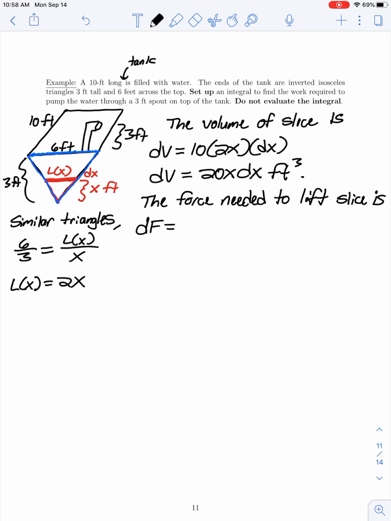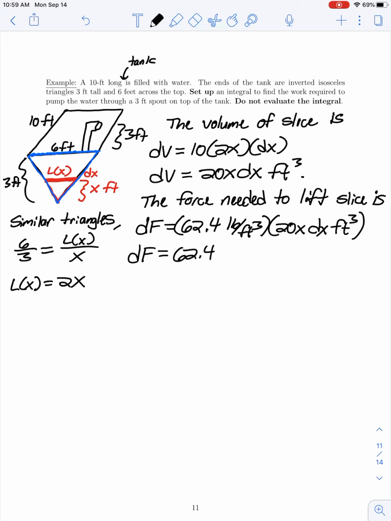If we're measuring in feet, as with the last example, our weight density would be 62.4 pounds per cubic foot. And then we're multiplying by this 20x dx cubic feet. So we have this 62.4 times 20x dx, now measured in pounds.